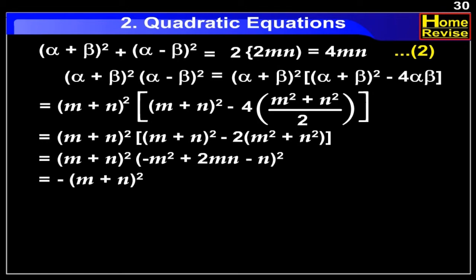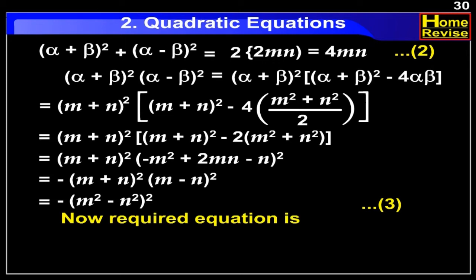Well, it is further equal to minus (m plus n) whole square into (m minus n) whole square. So it is equal to minus (m square minus n square) whole square. Let's put it as 3.